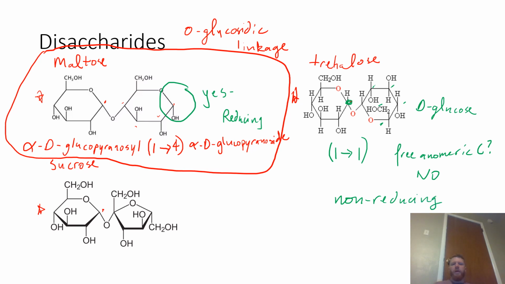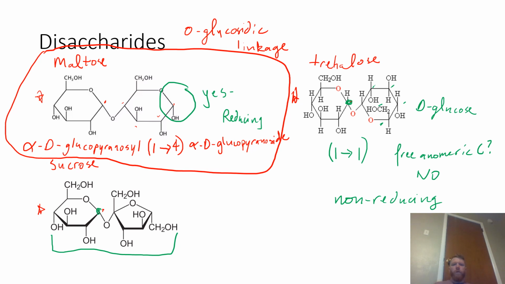Along those same lines, when you look at something like sucrose, I'll task you with identifying where your anomeric carbons are. We already know that this is a D sugar and it's glucose on the left-hand side, so there's our anomeric carbon of the glucose molecule. Then we have our glycosidic linkage. Remember, we have a 5-membered ring here.